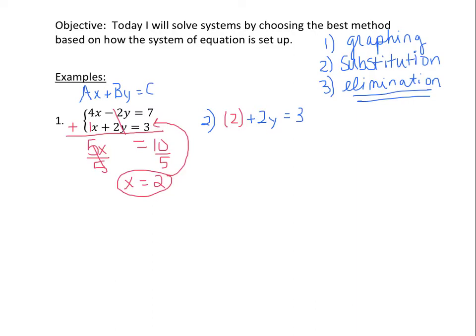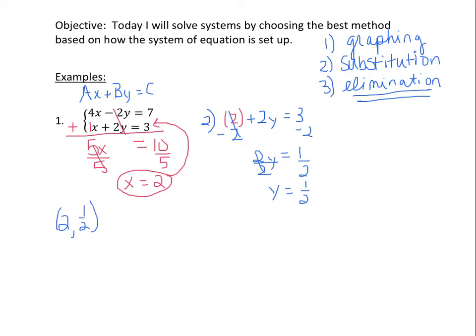I'm going to subtract that 2 over to the other side. 2y equals 1. Divide both sides by 2. And so y equals 1/2. So my ordered pair is (2, 1/2). Remember, your x value always goes first when you write your ordered pair.